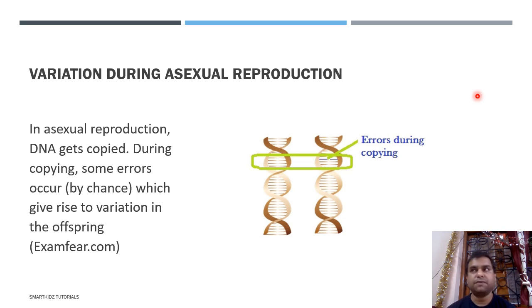Replication is where the DNA copying process is not 100% error proof, you can say. Errors do happen from time to time, and these errors lead to a change in the way the message present within the DNA is read.